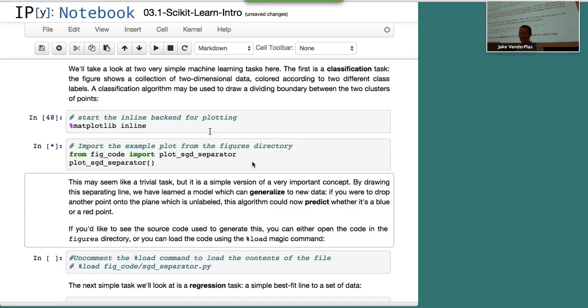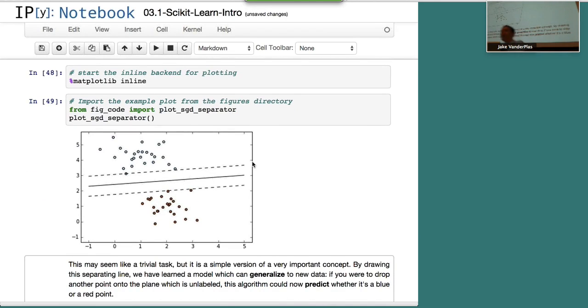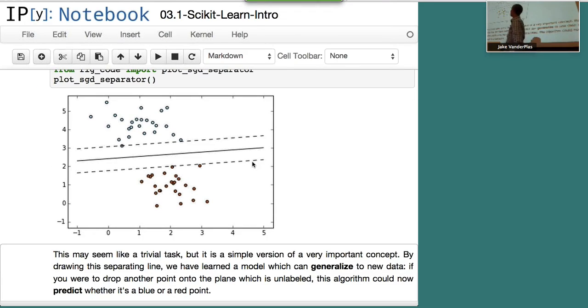So here's a quick example of a classification algorithm, and this is one that we'll go through tomorrow. This is a little bit hard to see, let me make it a bit bigger. For the classification algorithm, we have this two-dimensional data, and there's a group of points up on top and a group of points at the bottom, and they have different labels.